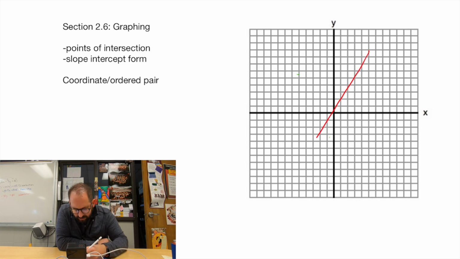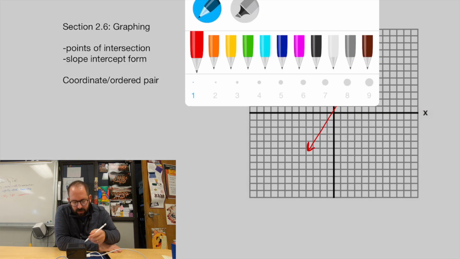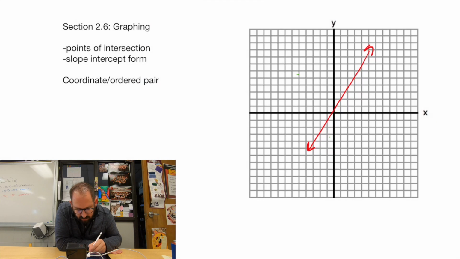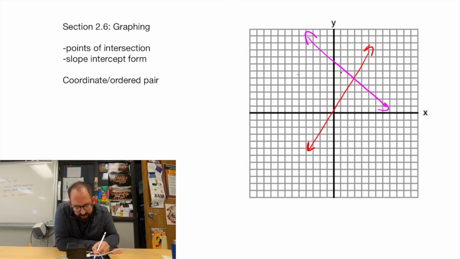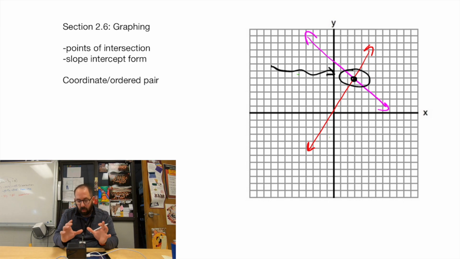All right, so let's say we have our lines, they're crossing. Here's one line, you can see that's a straight line. And we have another line, let's call it this one. What I'm looking for is that point of intersection. This thing right here. That point of intersection is the whole goal of today. Find literally that point where they're crossing.